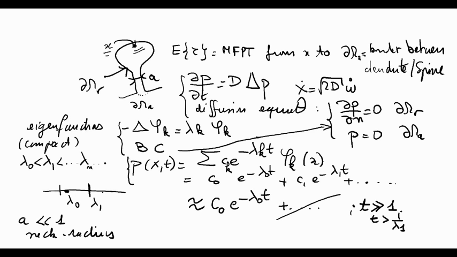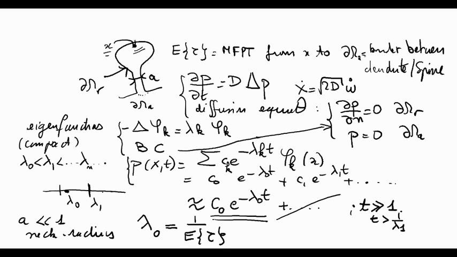In that case, this process is Poissonian, and what is needed is really the first eigenvalue. And actually what we have seen from the narrow escape problem is that this lambda 0 is exactly 1 over the mean first passage time for a particle to escape.